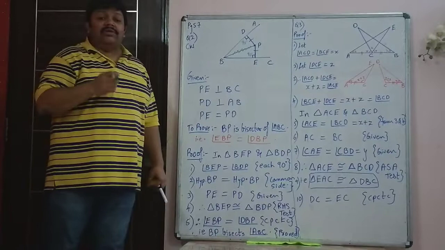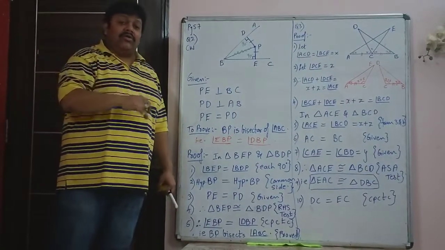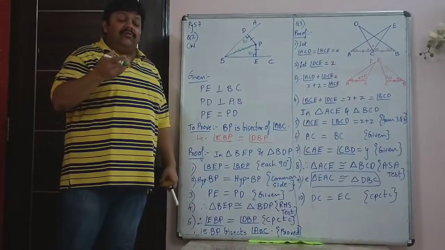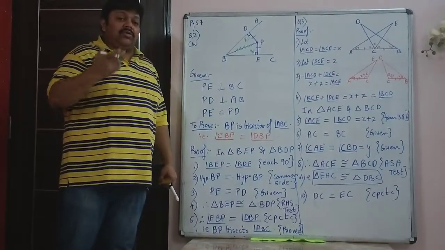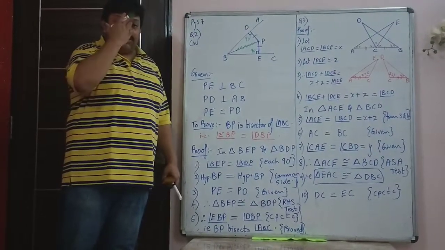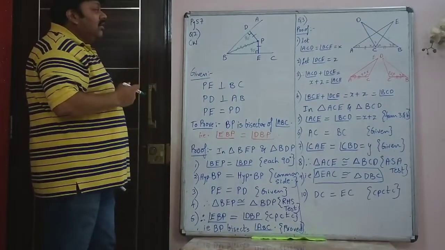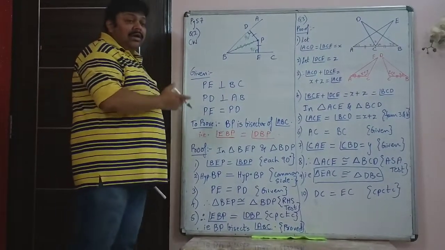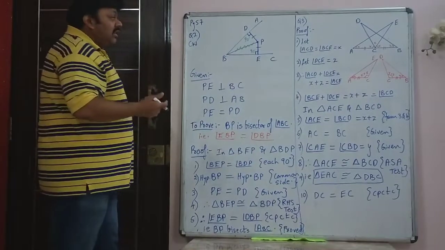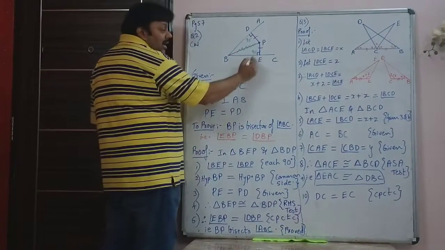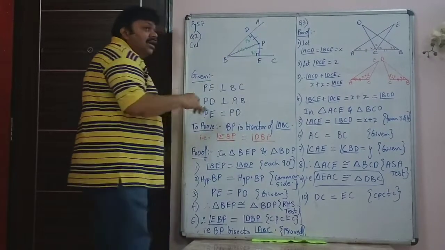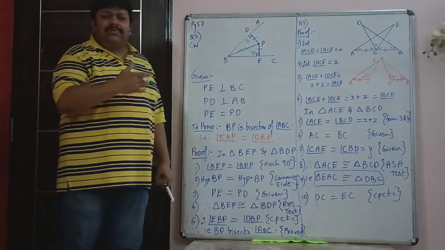What is the RHS test? The right angle, hypotenuse and a side of one triangle are equal to the right angle, hypotenuse and side of another triangle. If those 2 triangles are congruent by the RHS test, then obviously we can say that angle DBP and EBP are equal by CPCTC.